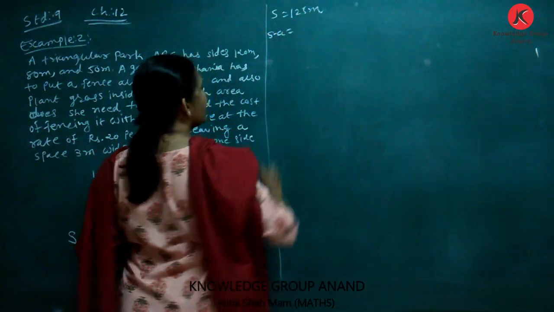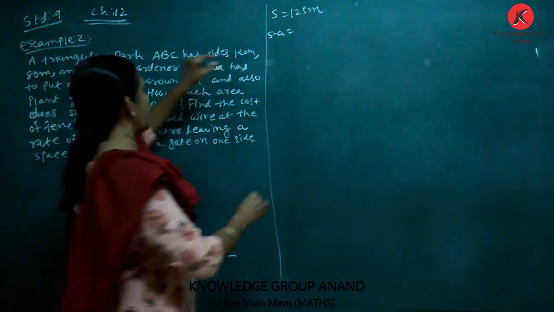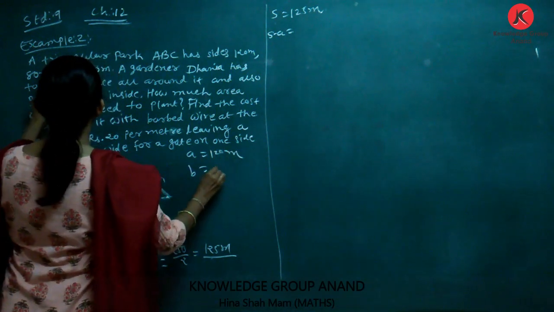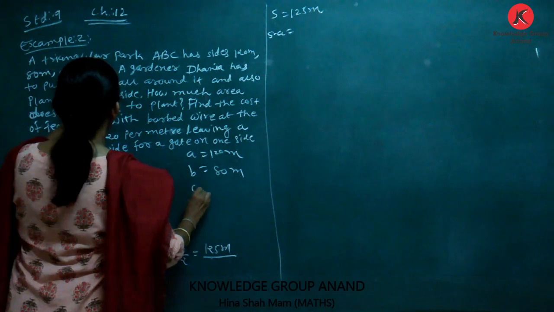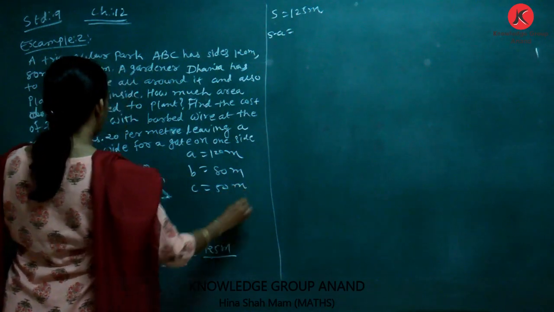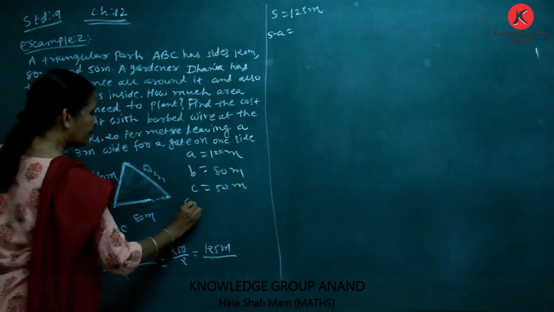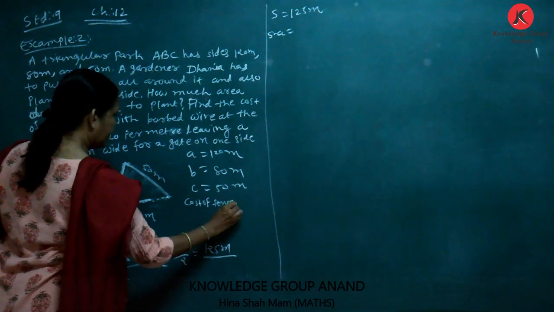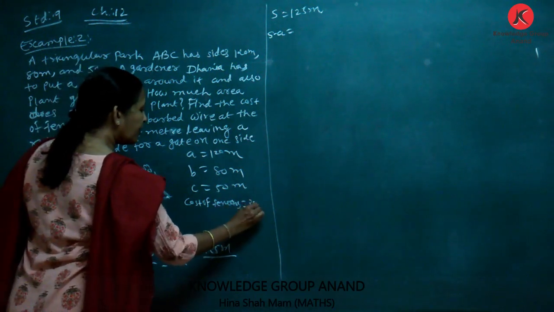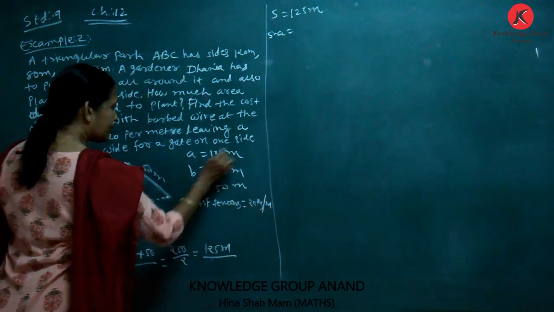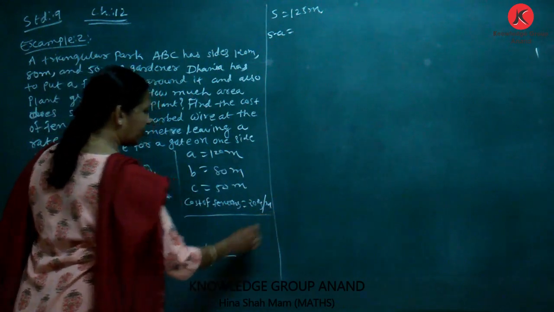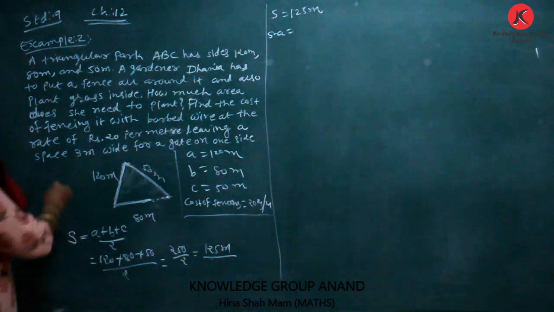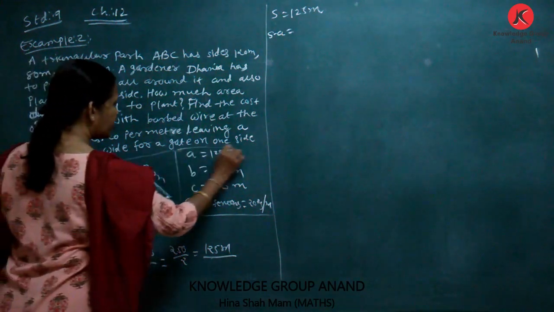Here A is equal to 120 meter, B is equal to 80 meter, C is equal to 50 meter, and the cost of fencing is 20 rupees per meter. This information is given in the question.